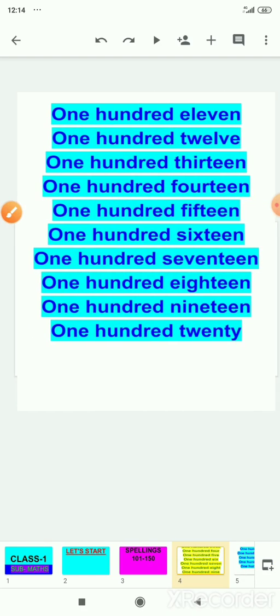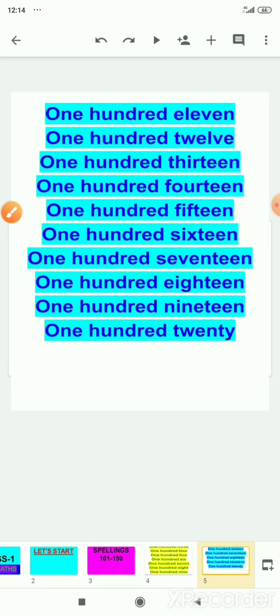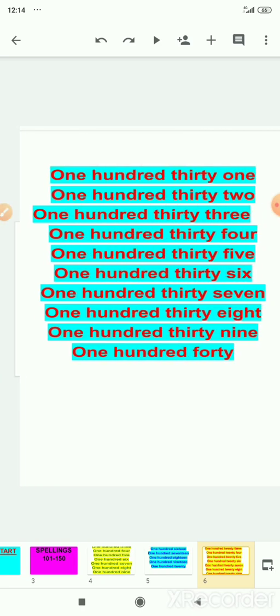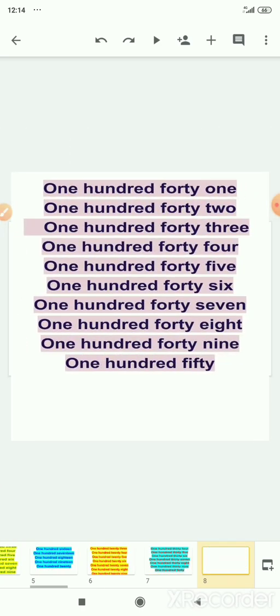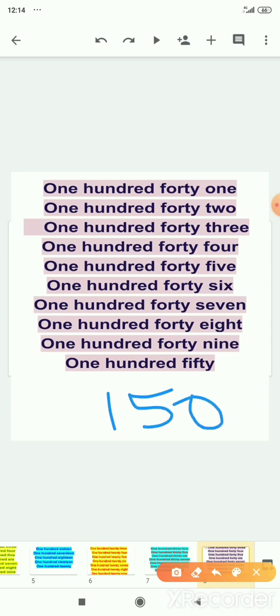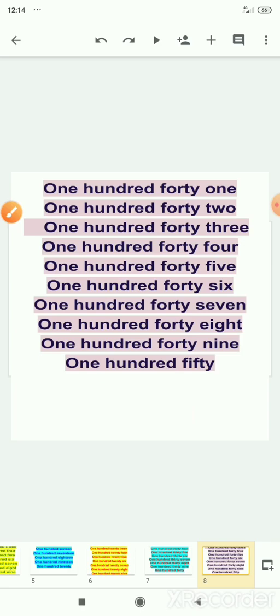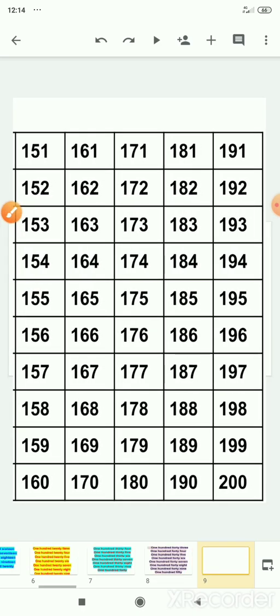As you all know, the starting spelling should be common in each and every line. Only the last spelling changes according to the numbers. So after 151, what comes? 152. In this way we can write 153, 154, all the spellings back to back.